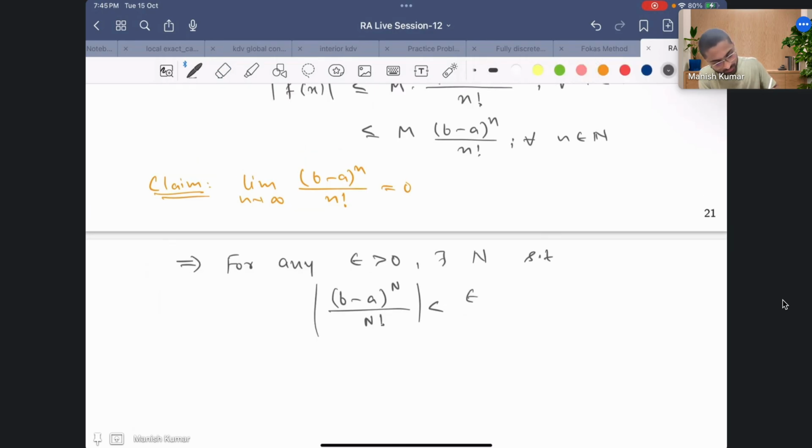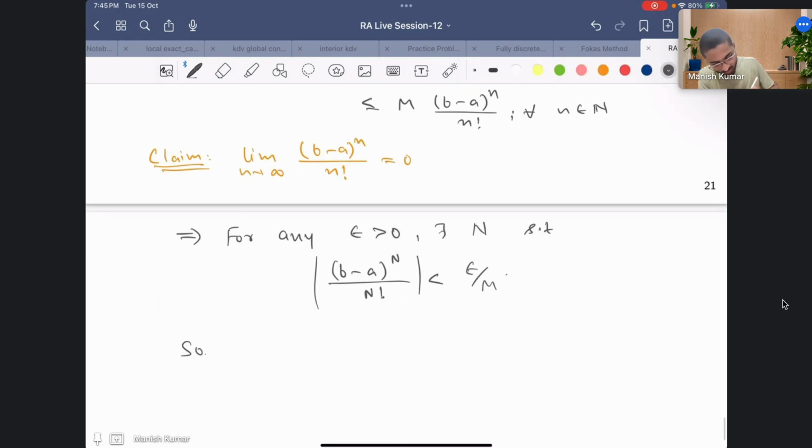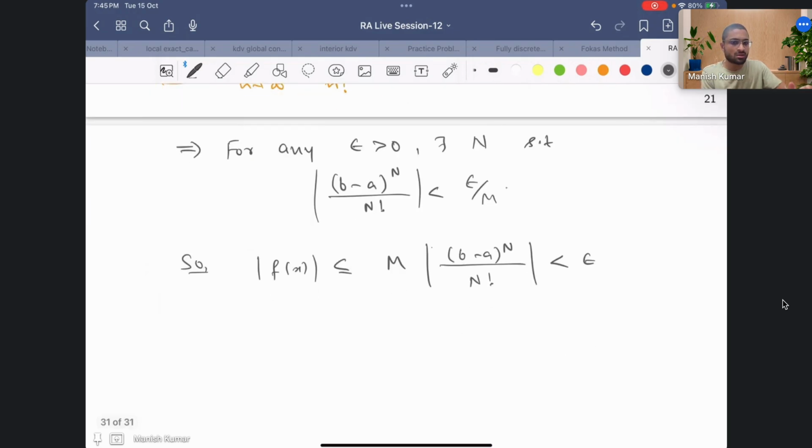Now if I substitute it here, this is true for all n, so in particular for capital N also. So I can say that mod of f(x) is less than or equal to M times (b minus a) to the power N upon N factorial, which is less than epsilon, and this is any epsilon, so whatever epsilon you choose this is going to be true.